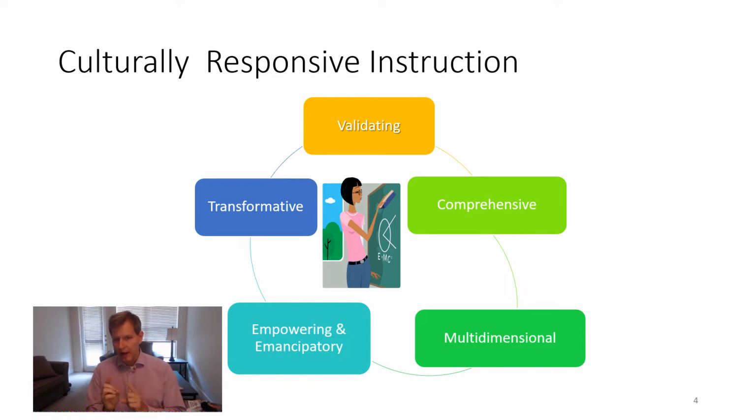It is comprehensive, meaning that respect and valuing of the student's personal and cultural background is communicated and infused in various ways throughout the curriculum in your own classroom as well as in the school. It's kind of difficult for the student if that student may feel validated in your classroom but then invalidated in another classroom.